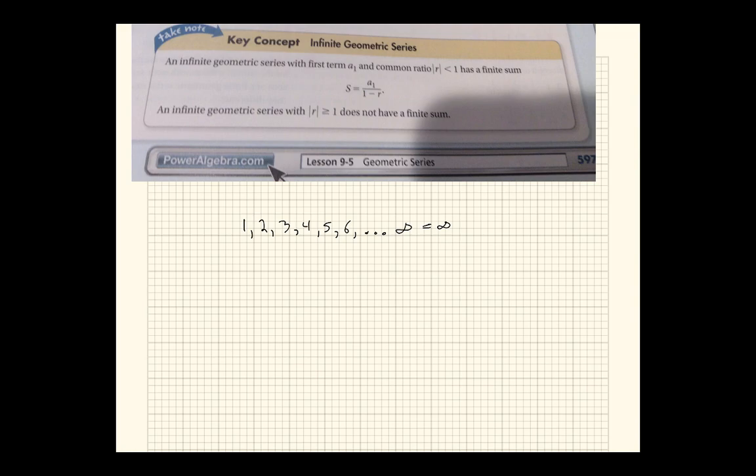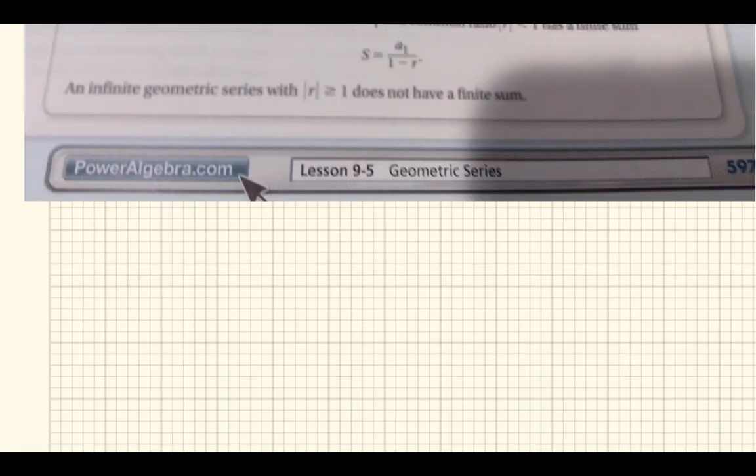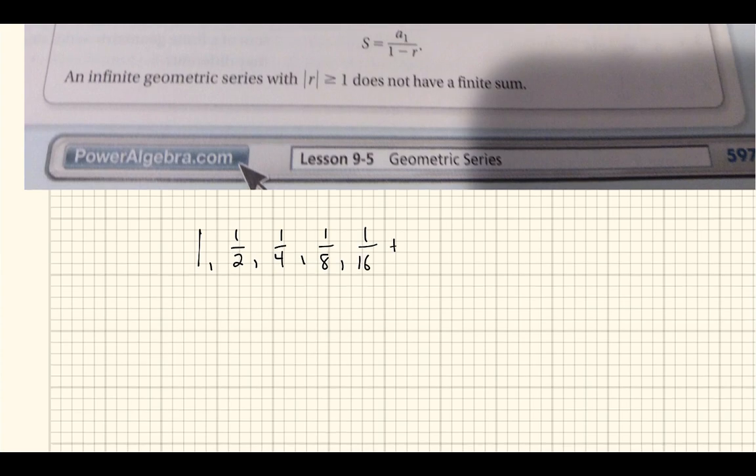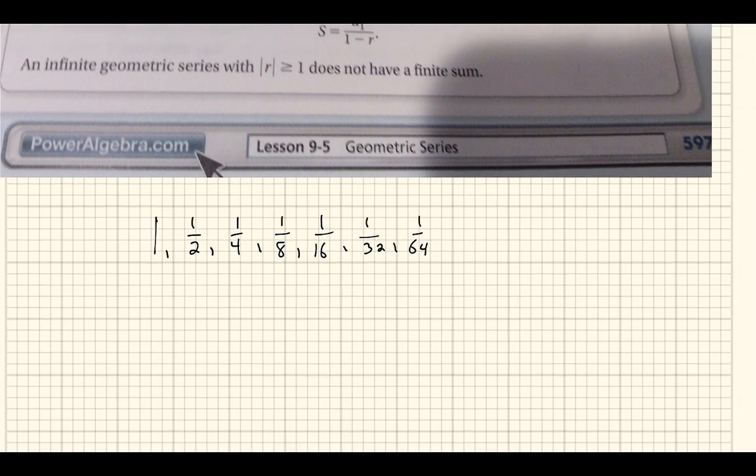It's crazy. Think about a series like this: 1, 1/2, 1/4, 1/8, 1/16, 1/32, 1/64. I think you get the idea, and so on.